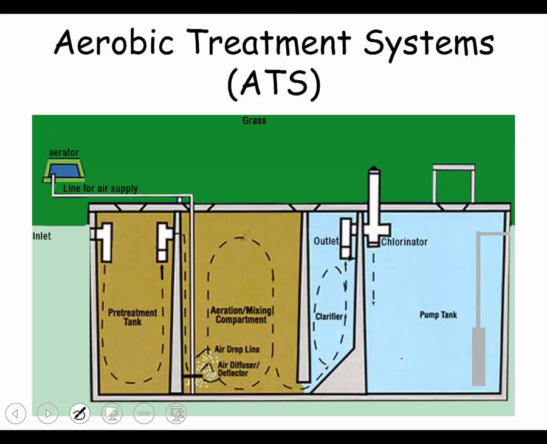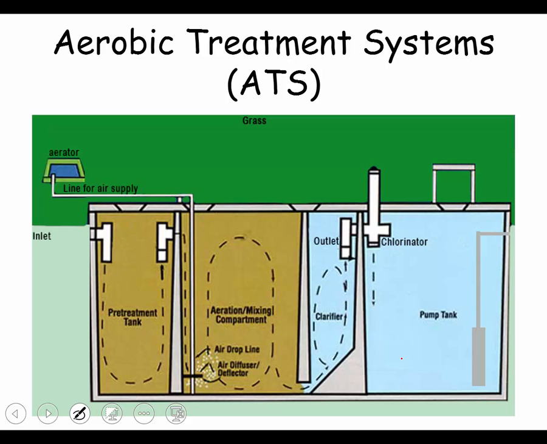Now, in part because of that, and in part because there are areas that don't meet the criteria necessary for a septic tank, more and more you're seeing rural areas or areas that do not have public water treatment using aerobic treatment systems, ATS.